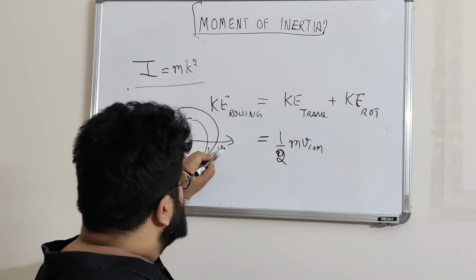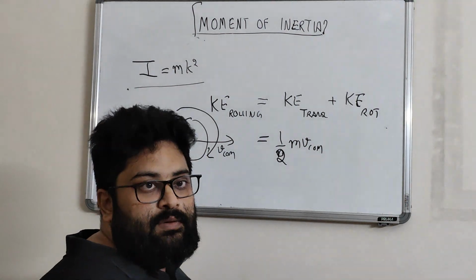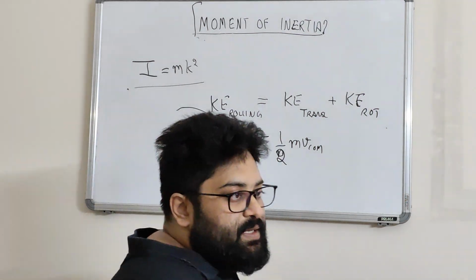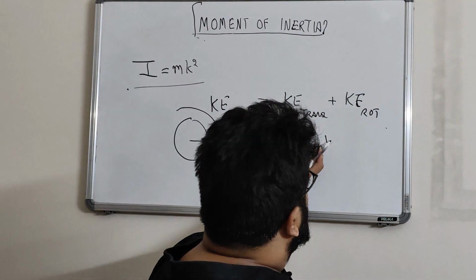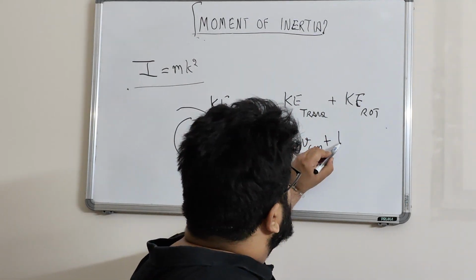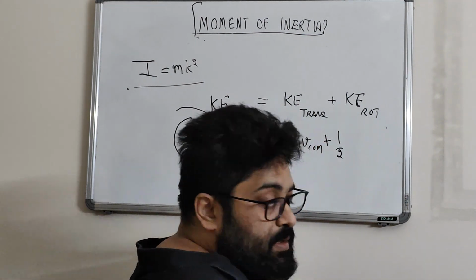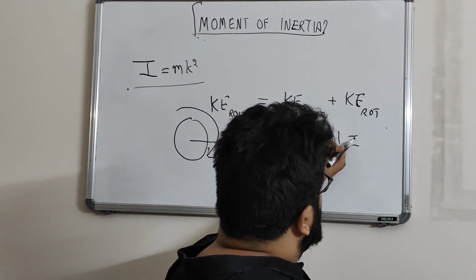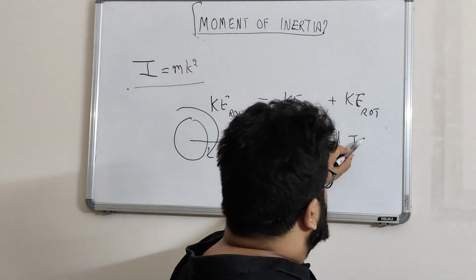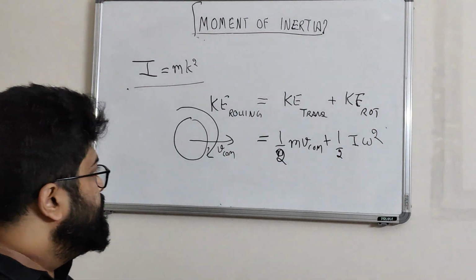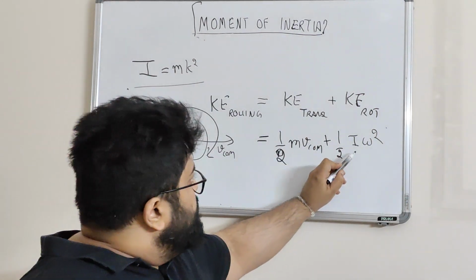So this is the point of reference we have, the center of mass velocity, and that's anyway what we calculate. So talking about the rotational motion, if you remember from before, the kinetic energy of the rotational motion is half into the moment of inertia multiplied by the angular velocity square. Okay, so this is very important.